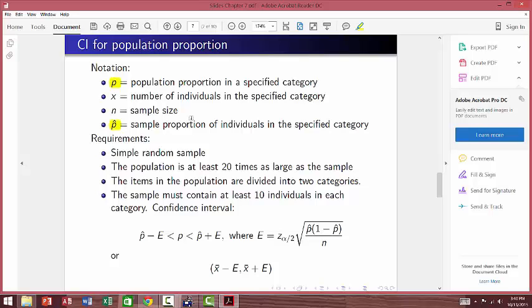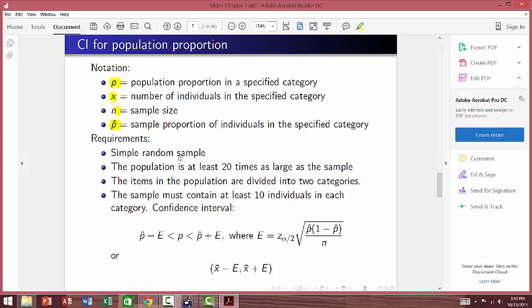Okay, so this is very similar to the confidence interval for population mean. We will also have n, the sample size as usual, and x is the number of individuals in this specified category. Now, we have conditions that need to be satisfied. Simple random sample.